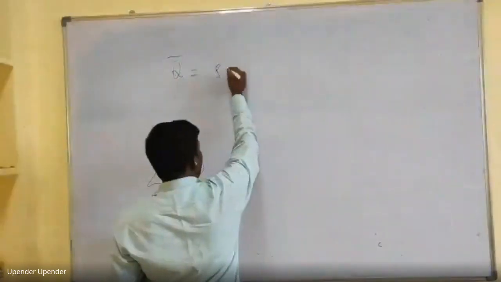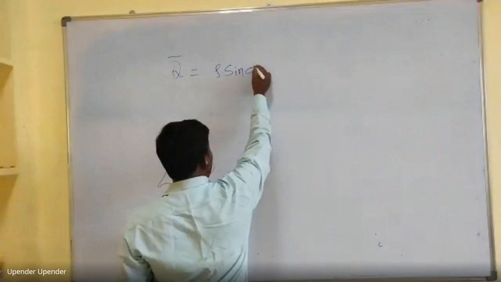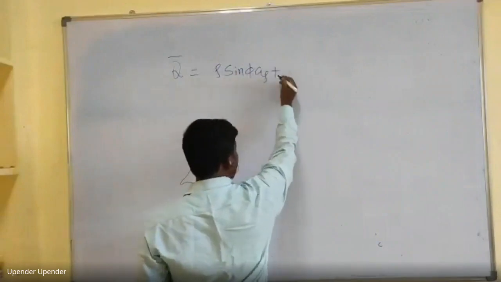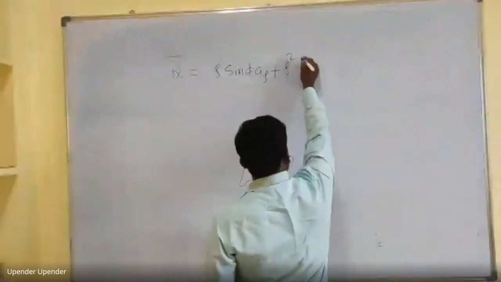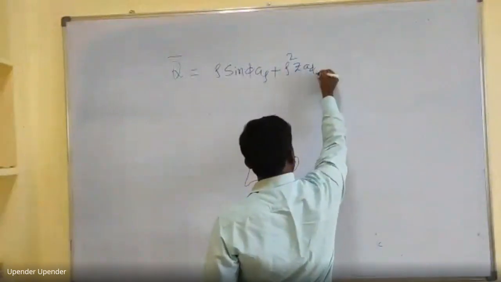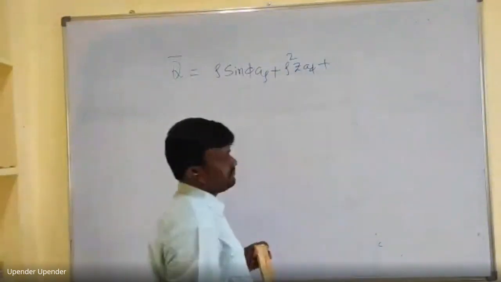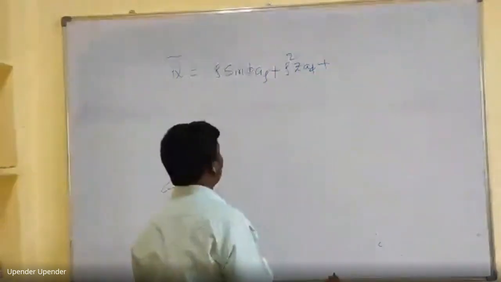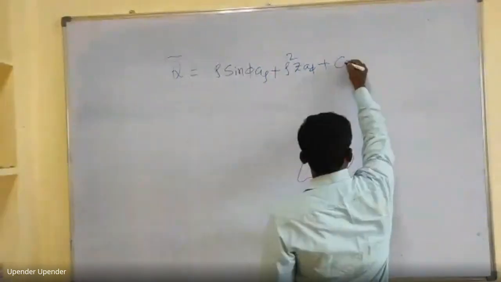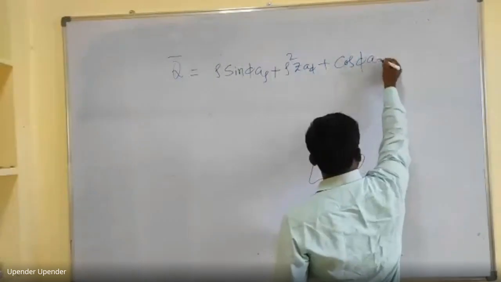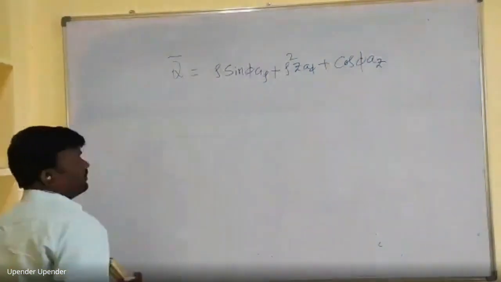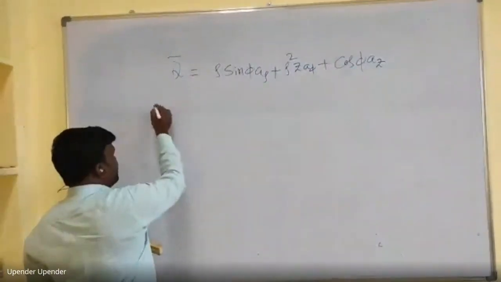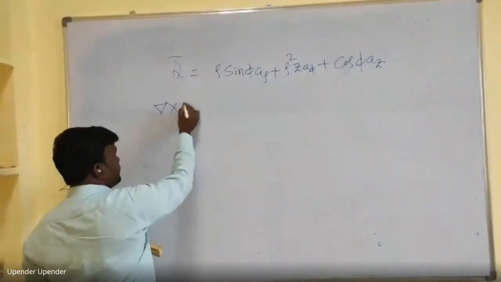That is rho sin phi a rho plus rho square z a phi plus cos phi az. Now find the curl of this one, that is del cross q bar.